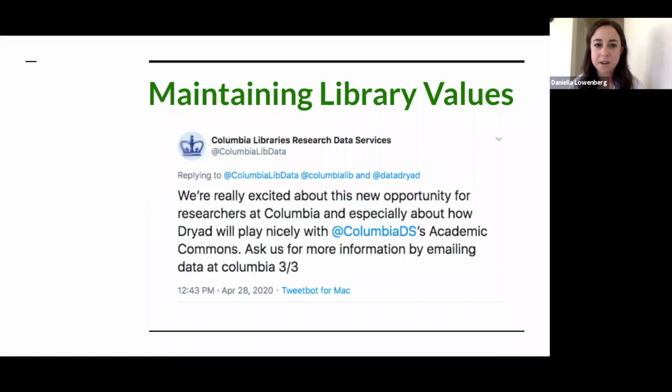But the important part is that at this point, we can maintain and leverage library values. And so we're working with Columbia, for example, on how Columbia can expose anything that's happening in Dryad in their academic commons. And so this way they can capture things from their researchers without having to put in the extra effort of building and maintaining a totally different system for data.